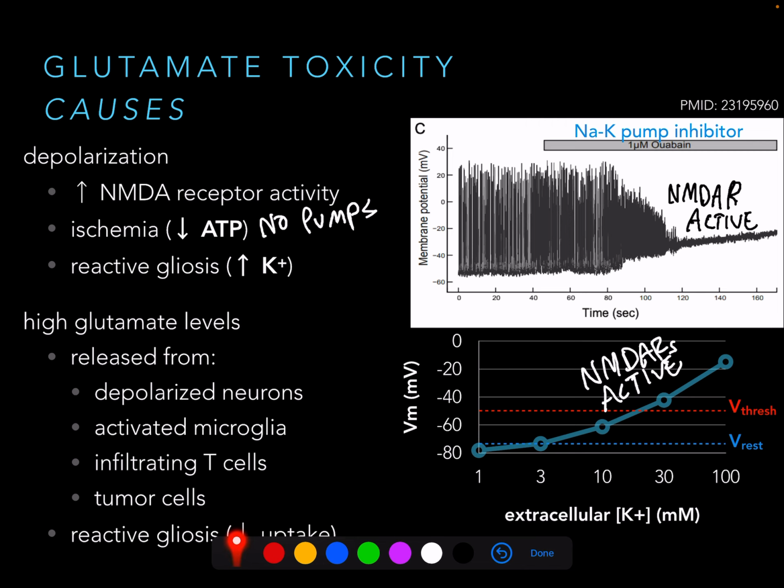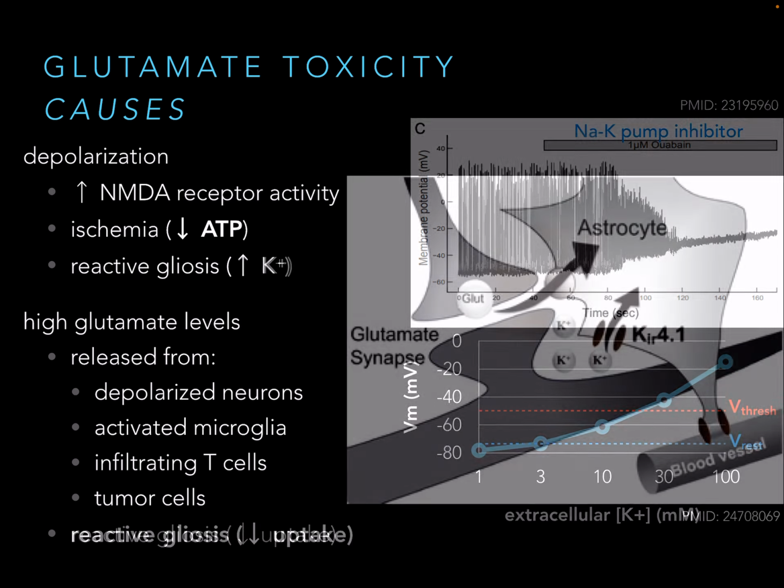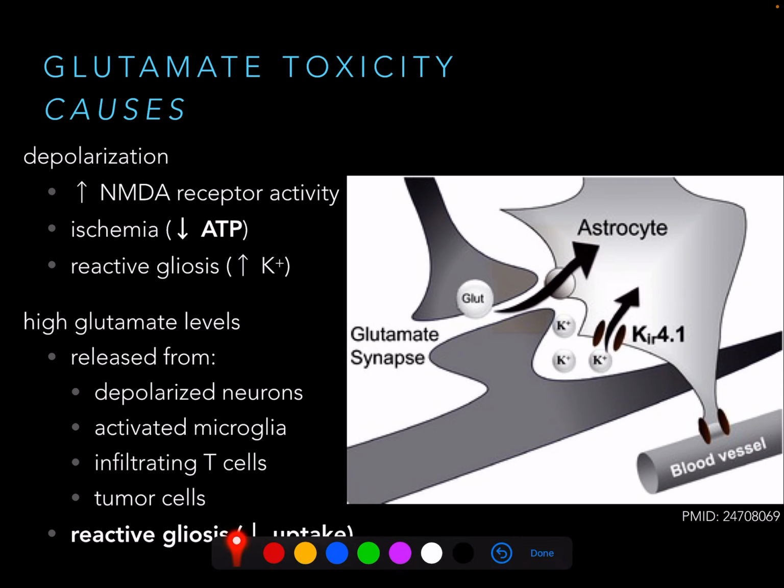Of course, you can't have glutamate toxicity without a whole bunch of glutamate, and that can come from a variety of sources. Those depolarized neurons that are firing a whole bunch of action potentials, they're spitting out glutamate probably. Anytime we activate microglia, they can spit out glutamate. If we have a bunch of inflammation and T cells enter the brain, they spit out glutamate too, and believe it or not, tumor cells spit out glutamate. So we have several sources of glutamate.